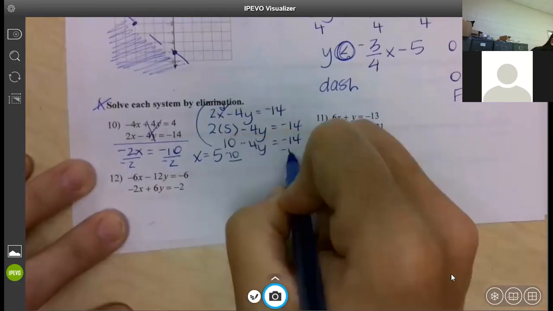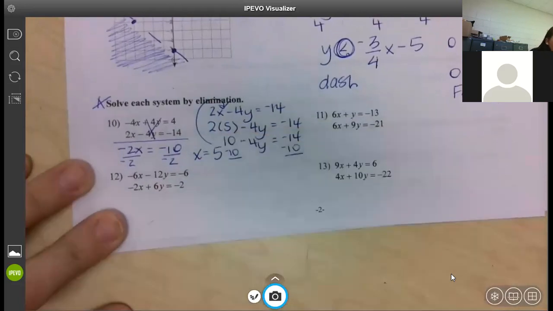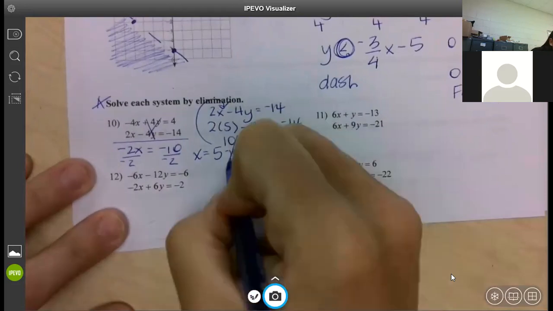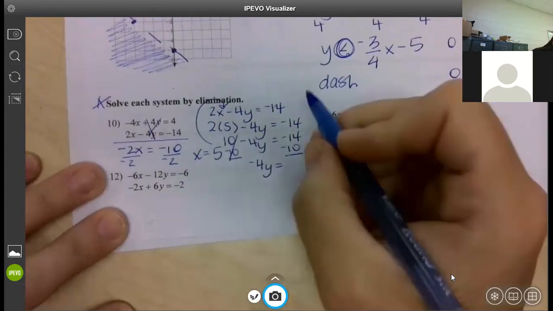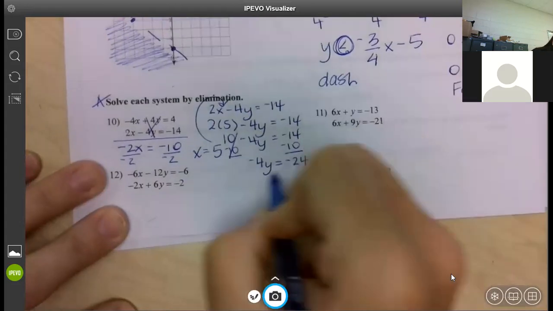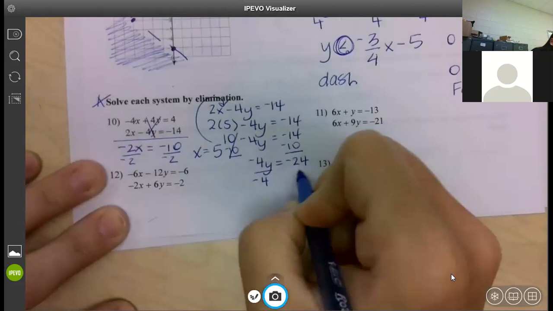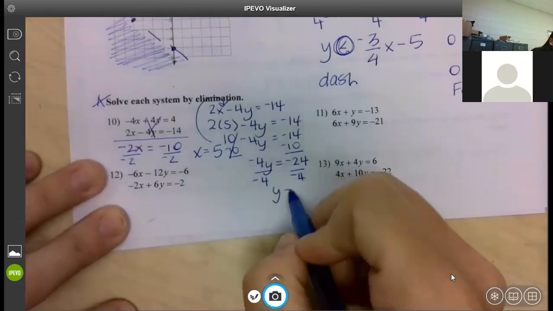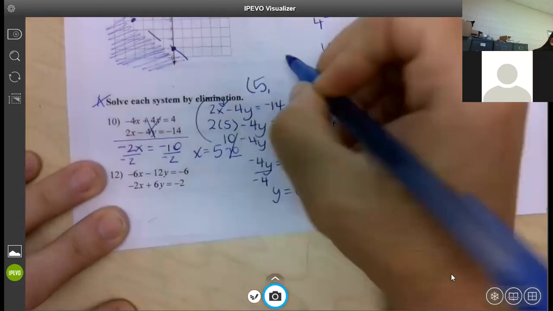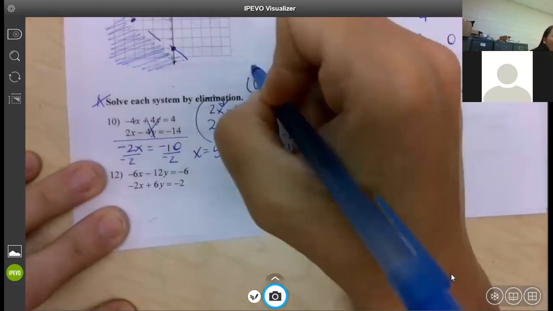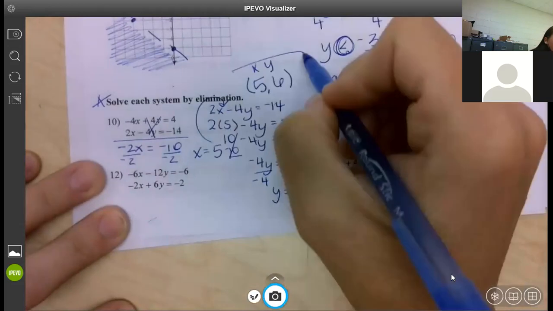Solve for y, we're going to move the 10, what's on the same side but not with it, the 10 cancels out. We get -4y equals -24. Divide by -4. 24 divided by 4 is 6. So your solution to this one, your x is 5. Your y is 6. It's always a coordinate.